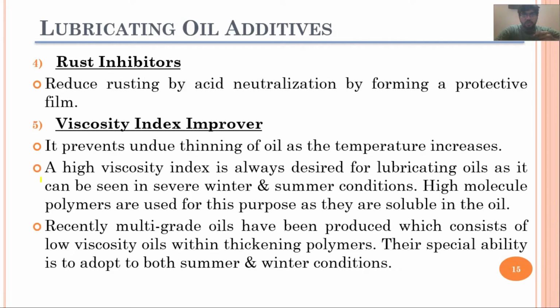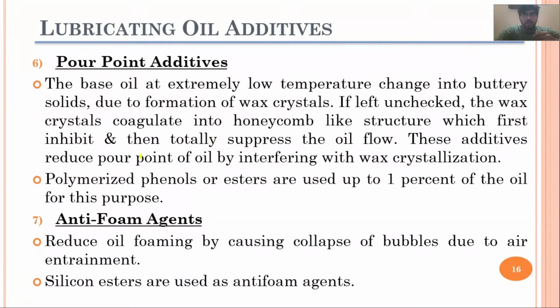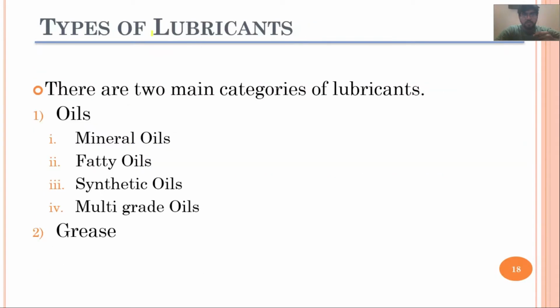After concluding the different additives, we moved towards the different types of lubricants, and we studied that in a broader sense the lubricants can be classified into two categories: oils and grease. Then oils can be further classified into four categories: mineral oils, fatty oils, synthetic oils, and multigrade oils.